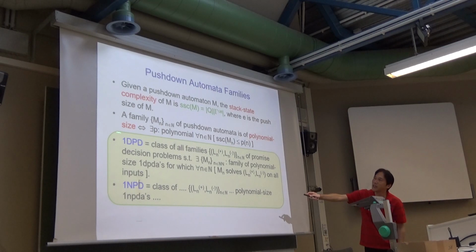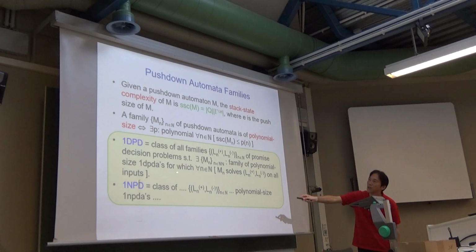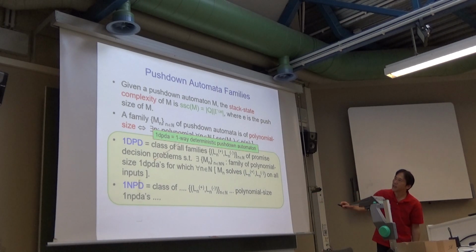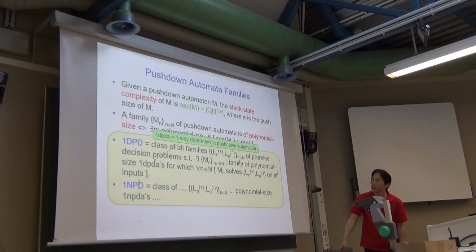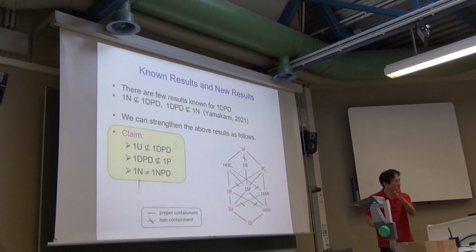1DPD is the push-down automaton version of the 1D, so instead of using finite automata, we are using one-way deterministic push-down automata. And this is the non-deterministic version of it. We are pretty much close to that.